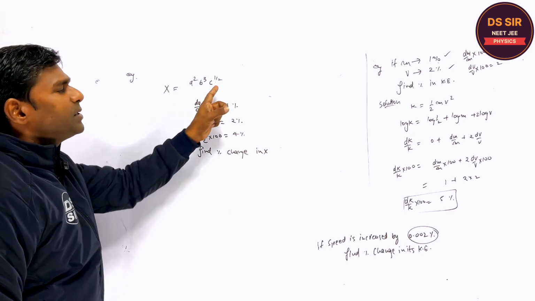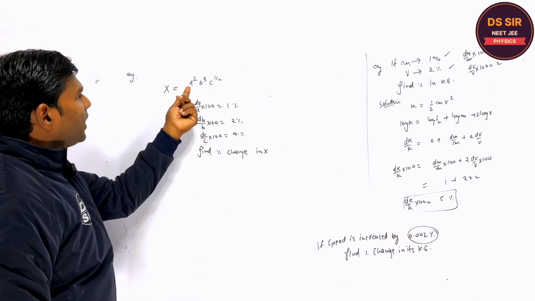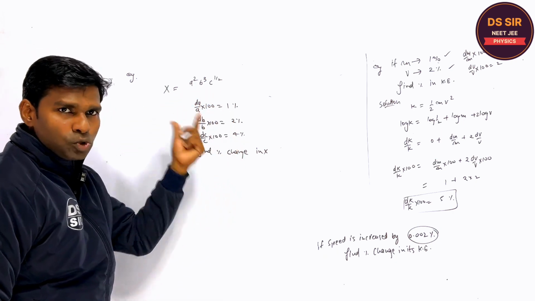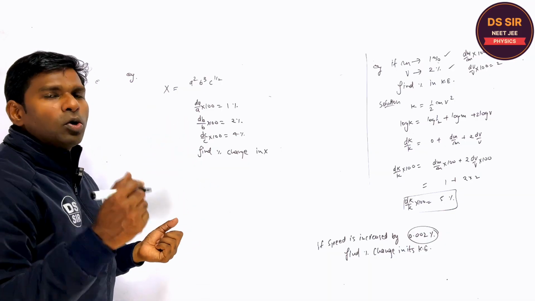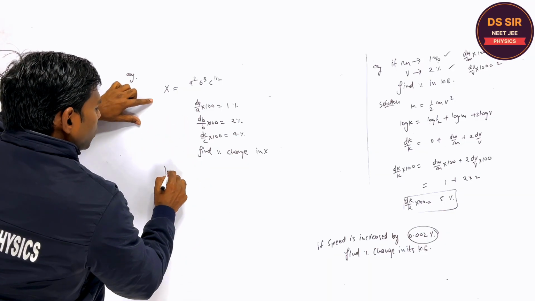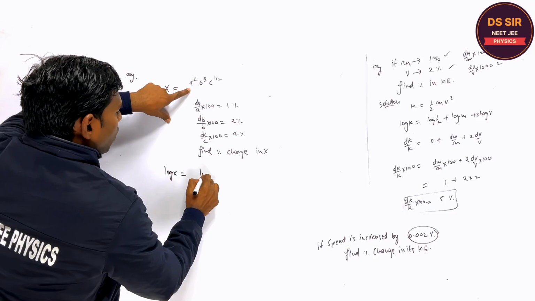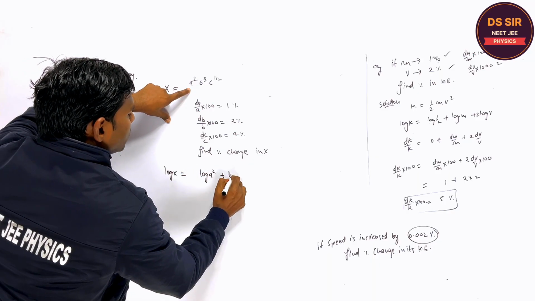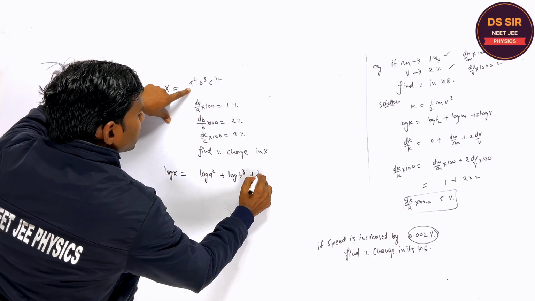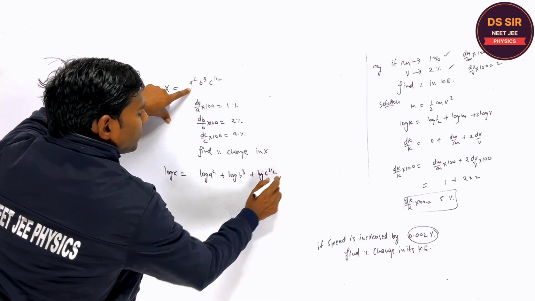X depends upon A, B, C. So if A, B, C are changed by some percent, X will be changed. So how to find the percentage change? Take log: log A square plus log B cube plus log C to the power 1 by 2.